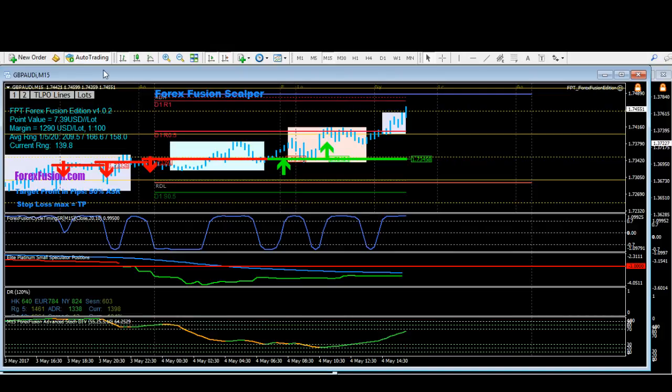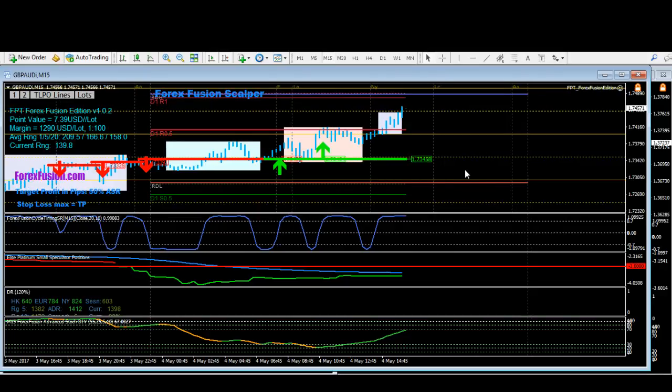Get an alert from the scanner or identify from the scanner a pair that has a hard trend. In this case, what looks like a good opportunity is the Pound Aussie. The question is, can we get an entry? When you open up a trade chart, yes, we can see that the small speculator positions, the retail trader positions, are in our favor to go long.